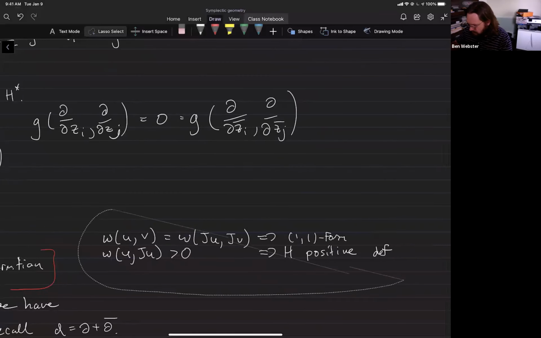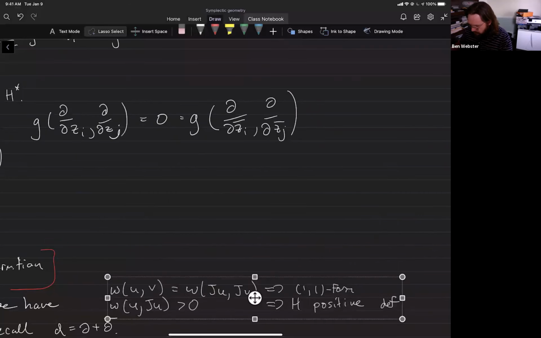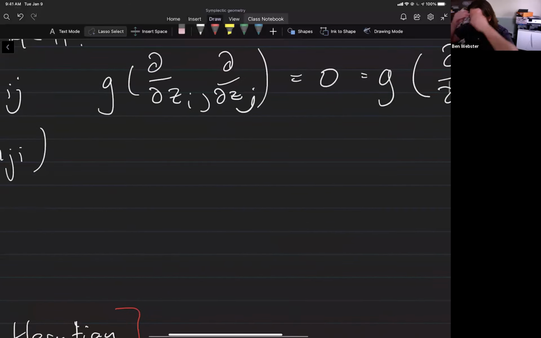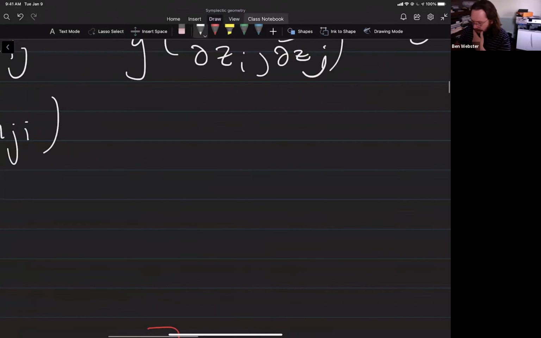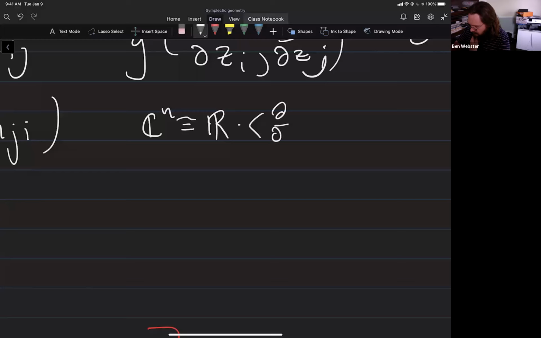So I have the usual identification of the tangent space to C^n with the real span of d/dx_i and d/dy_i.